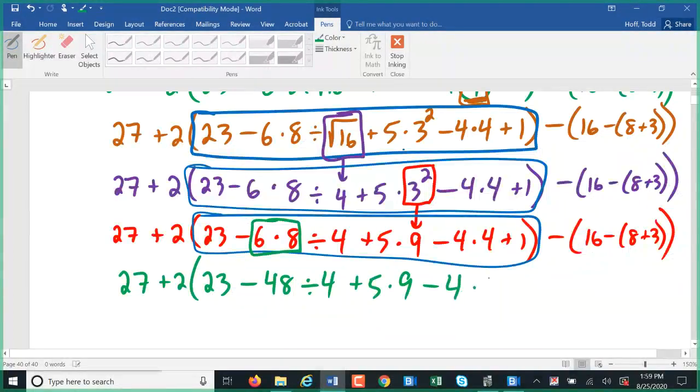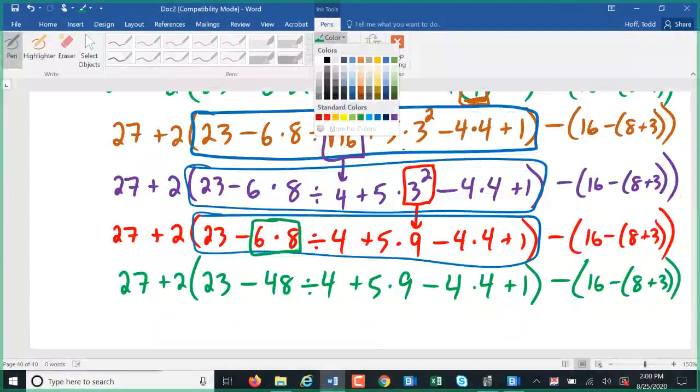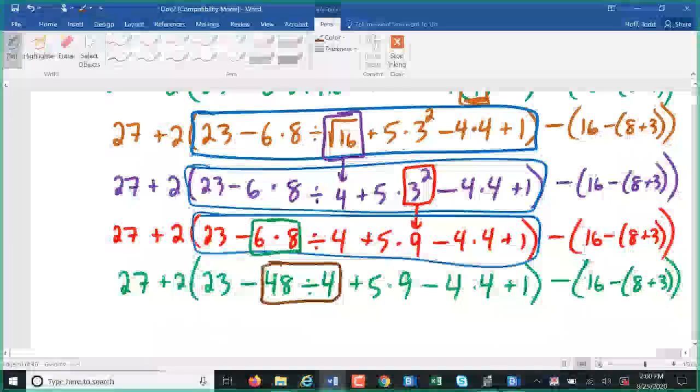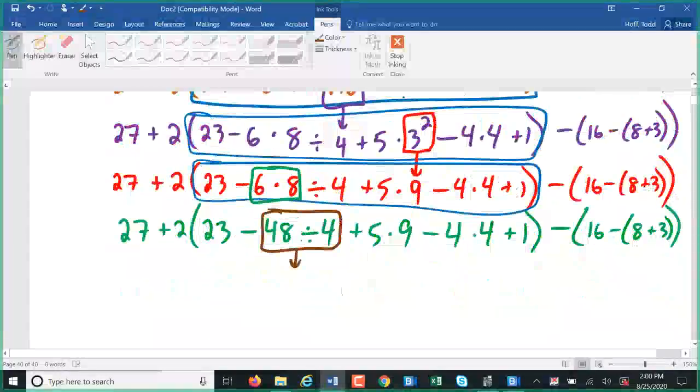In some cases, we can get away with that, but we have to be very careful because there are times where that can screw us up. This would be one where there's a good potential for that, because the next thing we really should do here is the division, because we're multiplication and division going left to right. That would be the next one completed. 48 divided by 4 would be 12. And we rewrite the problem.